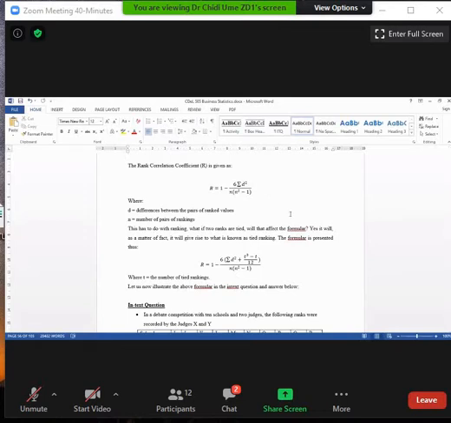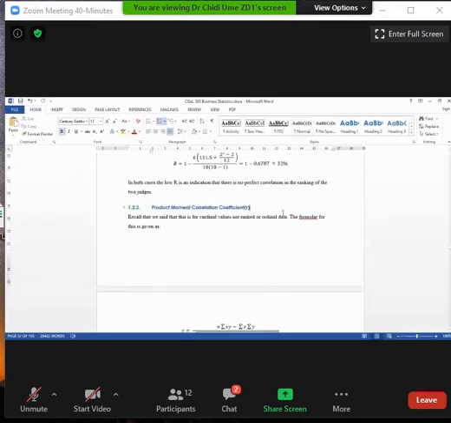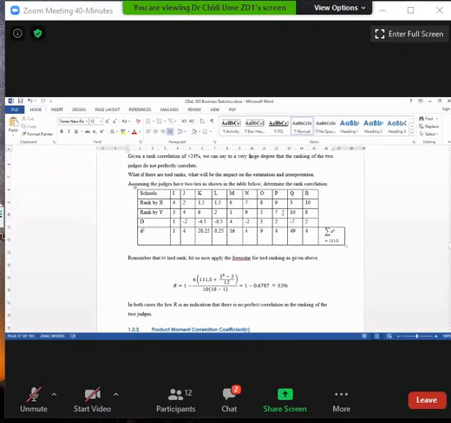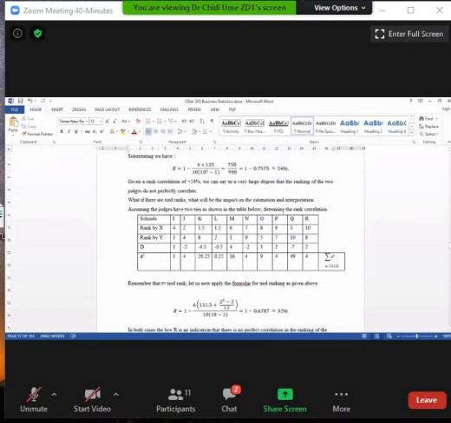So that gives you the rank correlation. In interpreting rank correlation, the higher the R, the more the agreement in their ranking. The lower the R, the less the agreement in their ranking.